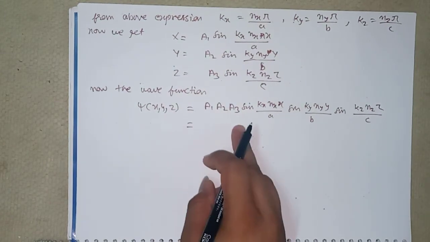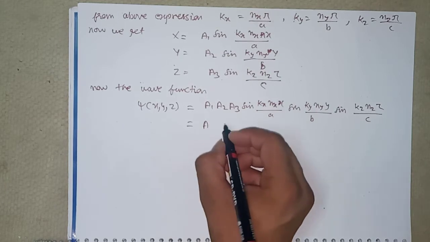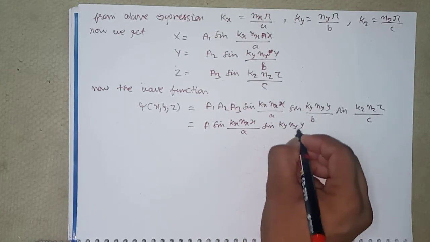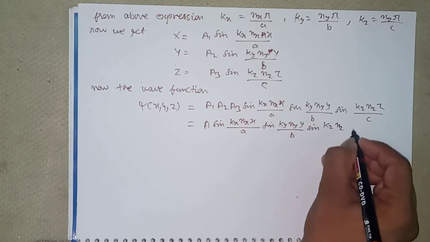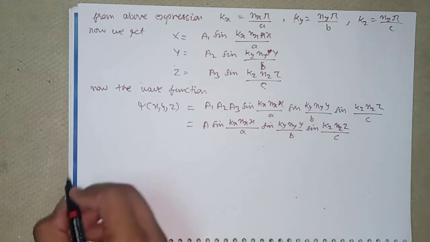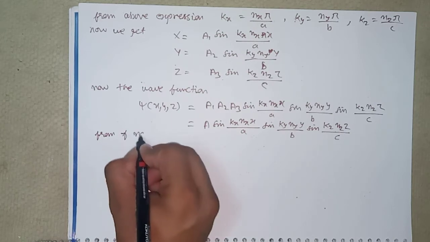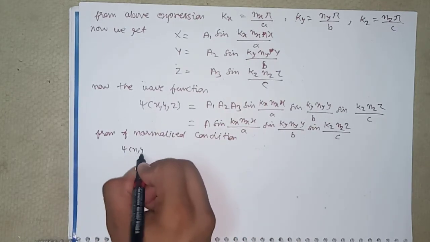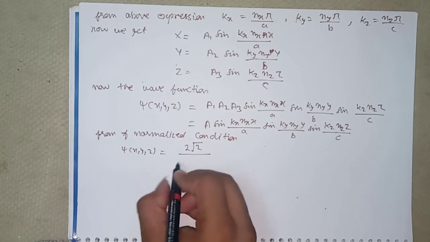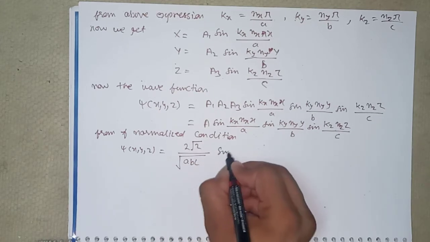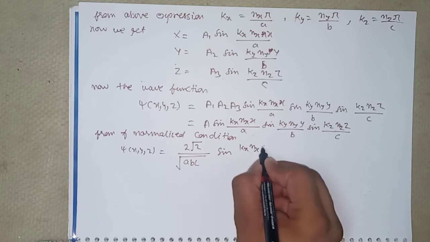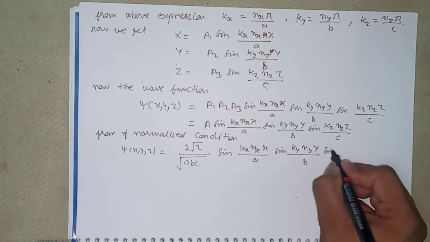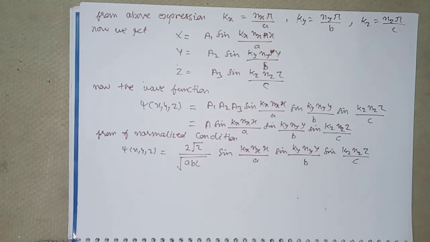Now a1 a2 a3 will be equal to a constant A. From the normalization condition, psi x y z is equal to 2 root 2 upon root abc sin nx pi x upon a sin ny pi y upon b sin nz pi z upon c.